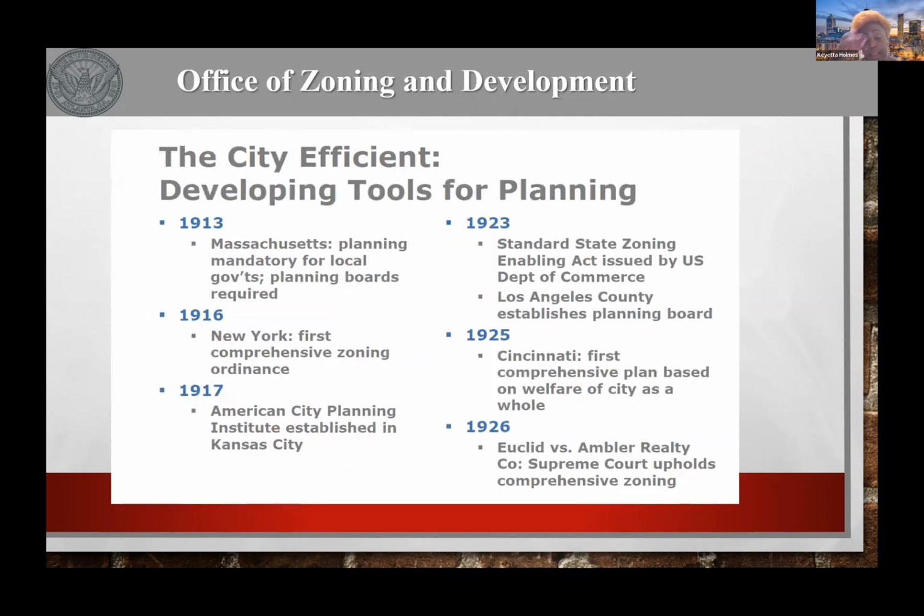Later, with that information, what was established was a number of landmark cases that created development tools for planning. The one that we all learned most about is in 1926 with Euclid versus Ambler, and that established the principal practice of land use and zoning in the country.